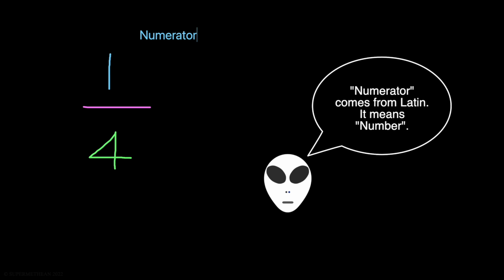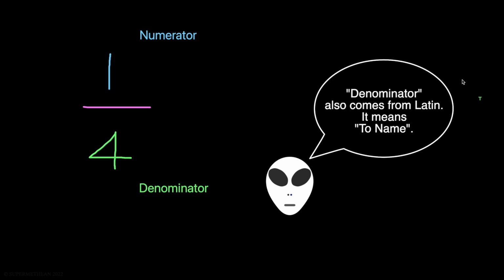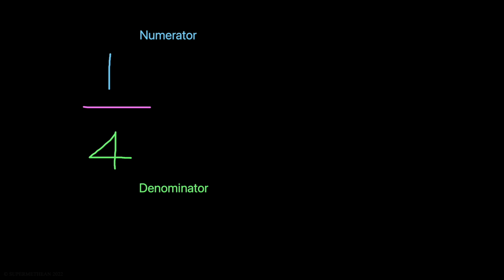So let's talk about what the parts of a fraction actually mean. Okay, so that top part, or that 1, we call that the numerator. And this bottom part here, or the 4, we call the denominator. Now the numerator always goes on the top, and the denominator always goes on the bottom.